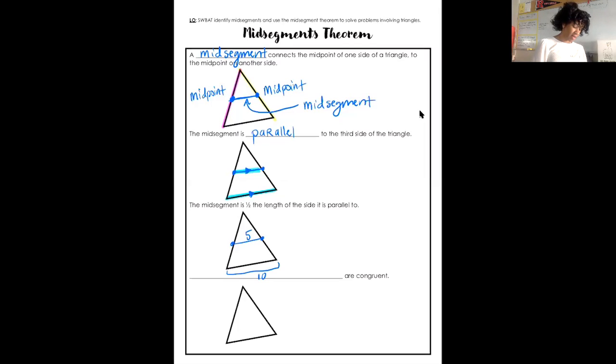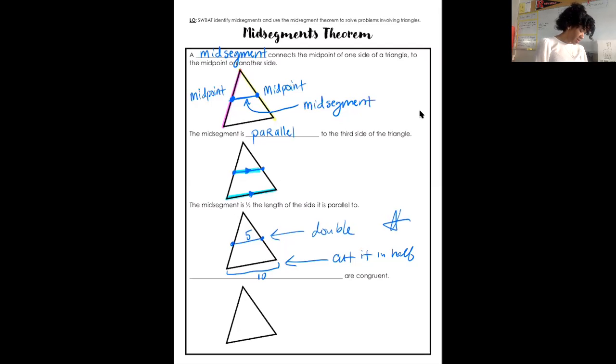You could think of it as the midsegment, you would double it to get the length of the parallel side, or you could start with the parallel side and cut it in half. So it works both ways. This right here is really the central point of the midsegment theorem.